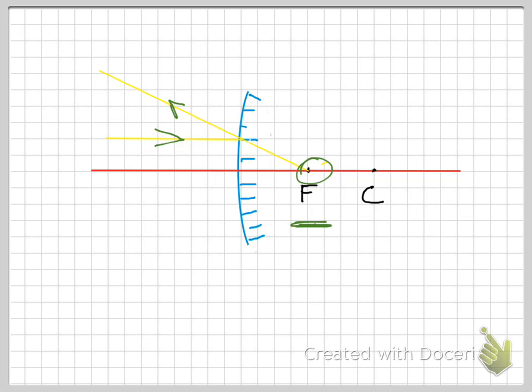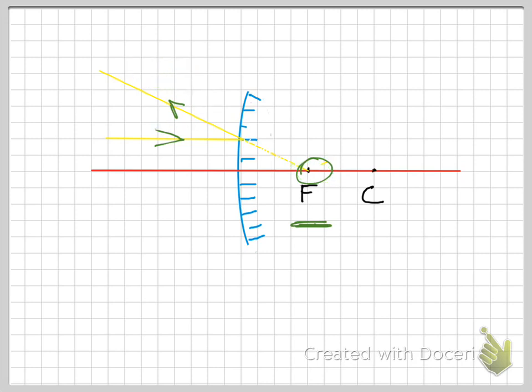This side then becomes the virtual side, so that's why I'm putting dashed lines here. The reflected ray comes in and then comes back out at an angle, and the angle that it comes out at is lined up with that focal point.